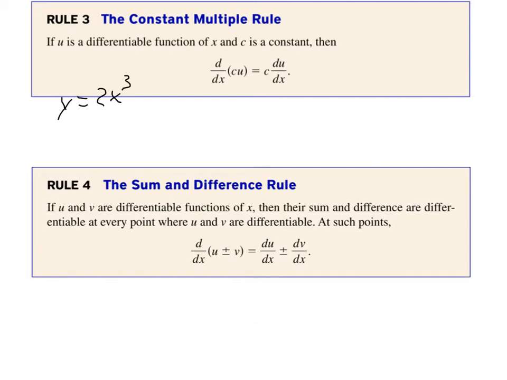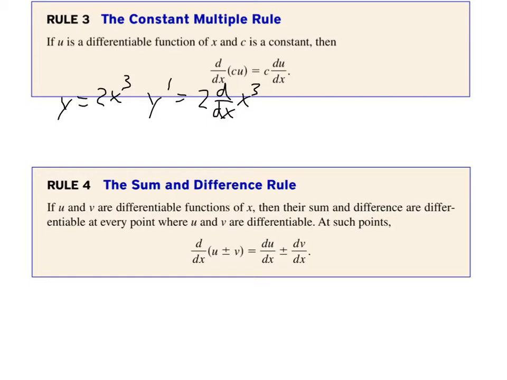What is y prime? Well, you can say that this is the same thing as saying what is 2 times the derivative d dx of just x cubed. So you can move that constant in front. It really doesn't matter. You'll see I'll do it once with moving the constant and once without.